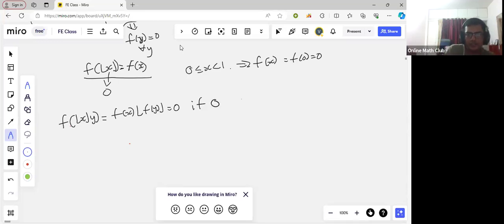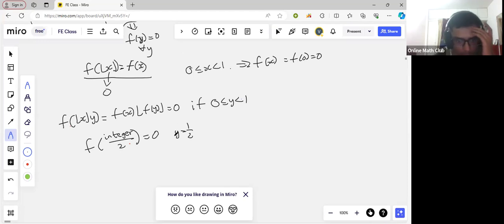So if 0 is at most y less than 1, then we have this. And we can put y equal to half or something like that, and we get f of floor of x, where x can take any integer value. And so now we can be done by just taking even integers.